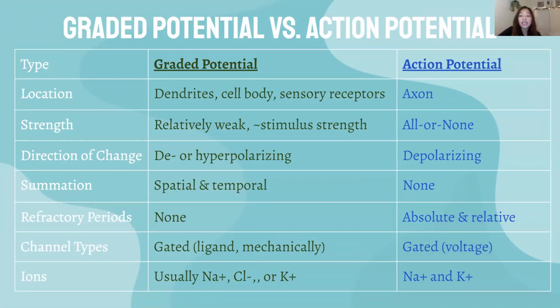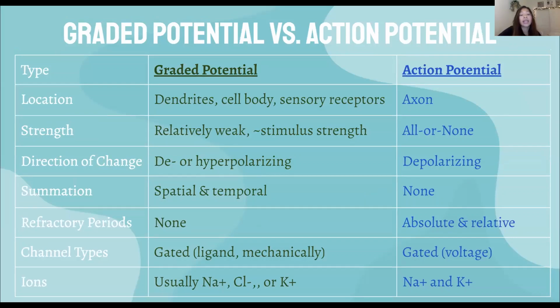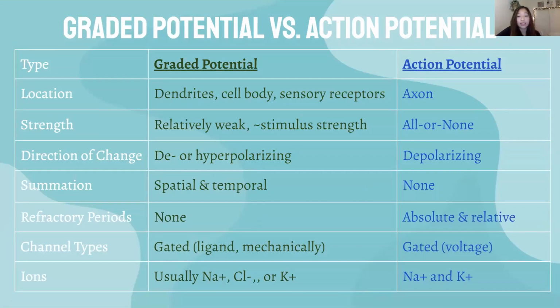It has two types of refractory periods, which I will explain in more depth later on, absolute and relative. It only has a gated channel that is signaled by voltage. The ions that are involved are sodium and potassium.